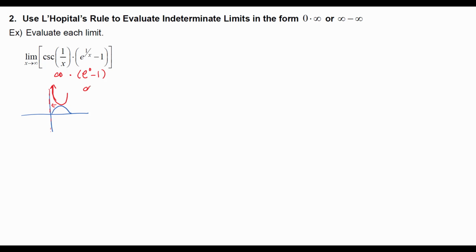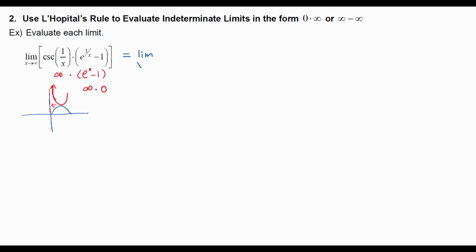So again, I have infinity times 0. So you want to make this infinity over infinity or 0 over 0. But I can see that cosecant of 1 over x is the same as what? Right, that's 1 over sine of 1 over x. So I can rewrite this so that I have a 0 over 0.